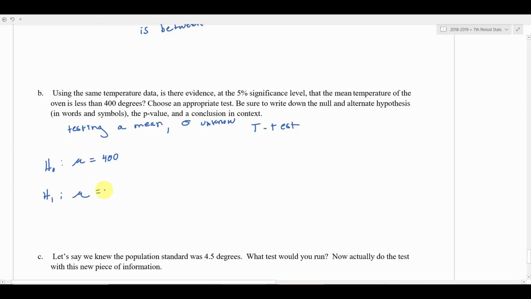It looks like it's going a little bit less than. So I'm going to get rid of this and I'm going to say less than 400 for my alternate hypothesis. All right, so left tail. It's a left tail test. All right, so we know we're going to need our test stat. We know we're going to need our p-value. We know we're going to do a comparison.